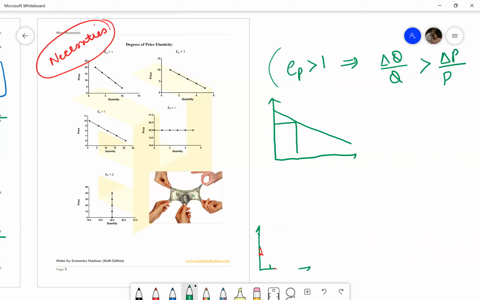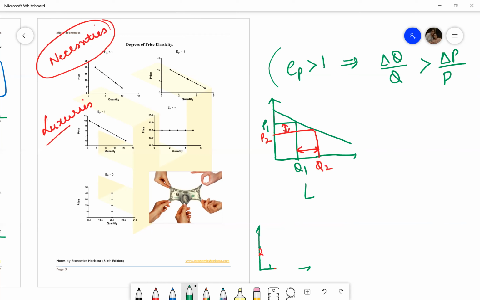Say this was P1, Q1, and then the price reduces to P2 and Q2. The change in price is this much, but the change in quantity demanded, which has increased, is much more than the change in price. And this is mostly prevalent in the case of luxuries. So elasticity is greater than 1.